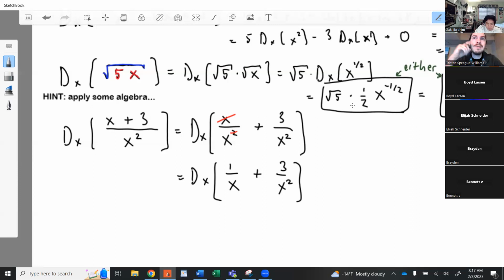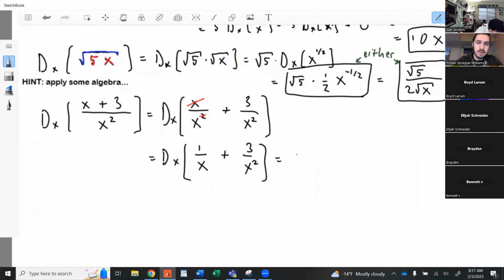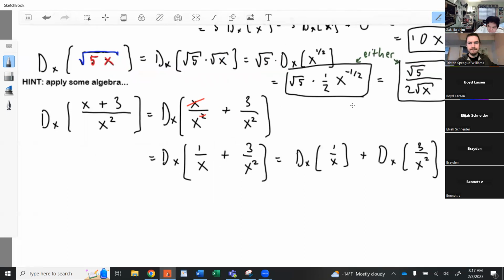But the question remains, how do we apply the power rule? Because in order to use the power rule, which is sort of our main tool right now, we need, let me just do this first. That's the sum rule, right?